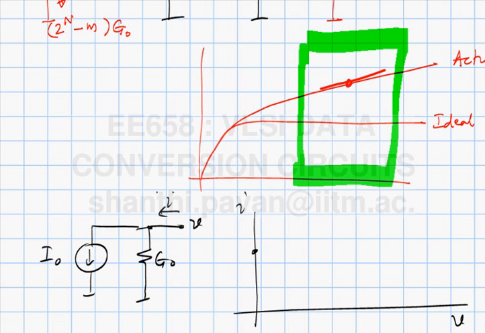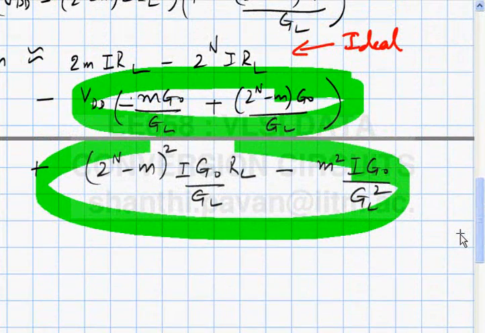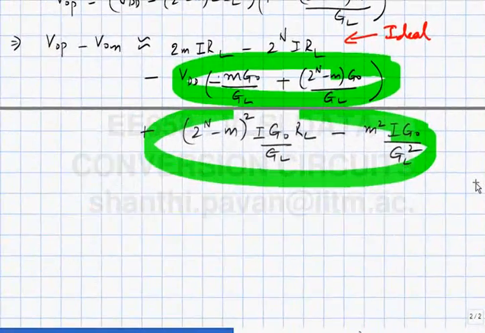Okay, so this is I naught, and so is the model correct or not? Yeah, one crib is that this I and this I naught are not the same, right? But apart from that, that finite output impedance is definitely a problem. If I make GO infinity, then you know that I'm screwed, right? So, nothing comes out of the DAC.